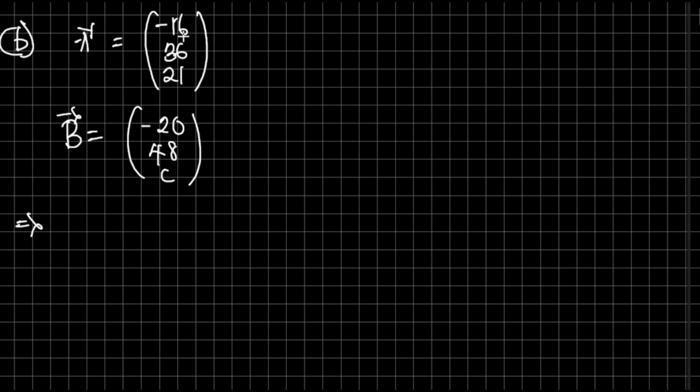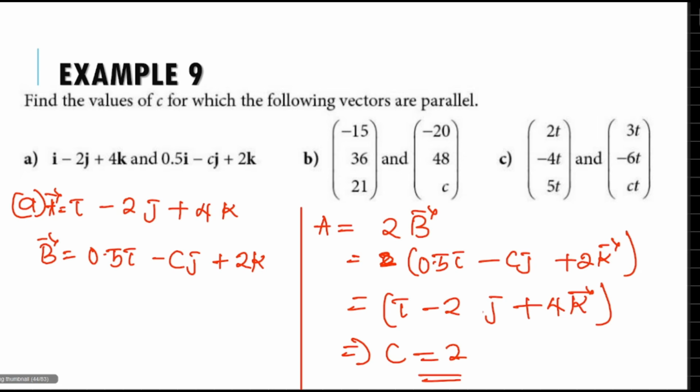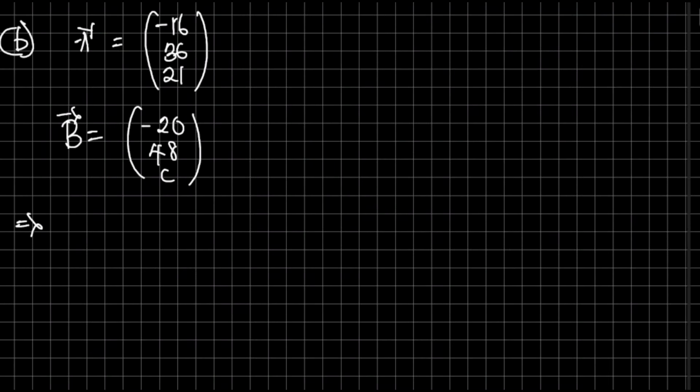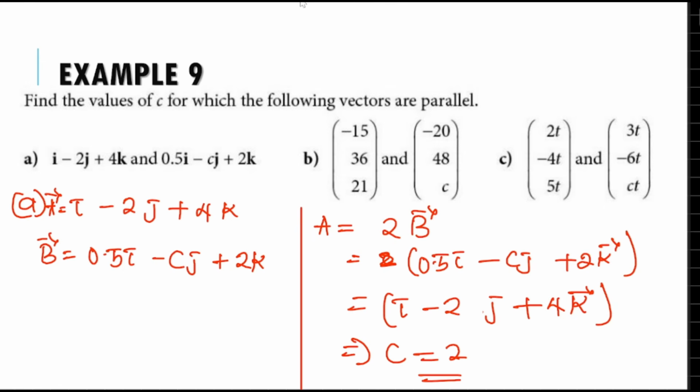From A, let's study the parameters. We have minus 15, 36, 21. So what is the relationship between minus 15, 36 and 21? What can we see from there? If we study it very well, what relationship can we have from those parameters?